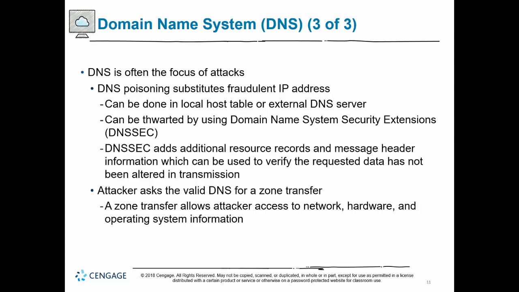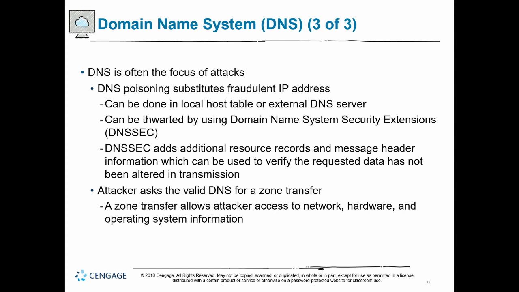So DNS is often the focus of attacks. DNS poisoning substitutes fraudulent IP addresses and can be done on the local host table, the local file I told you about, because computers usually look at that first before going out to a DNS server. Can be thwarted by using DNSSEC.